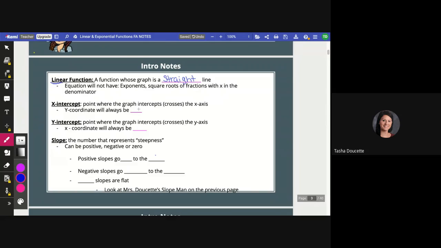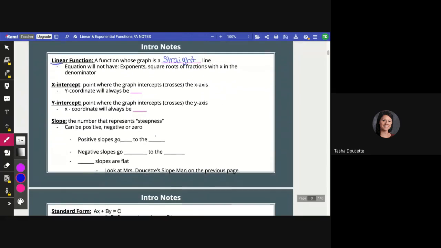The equation will not contain exponents, square roots, or fractions with an x in the denominator. If your equation has those qualities, then you know it's not going to be a linear function.